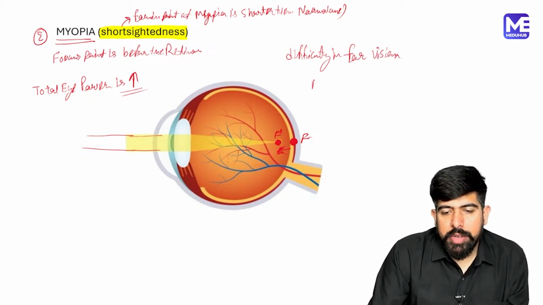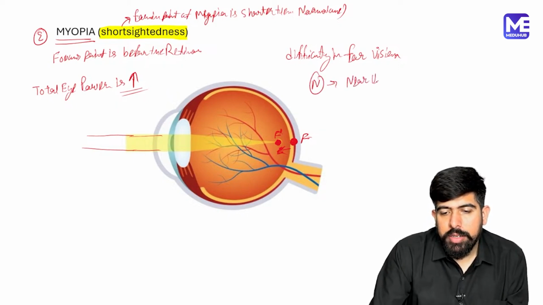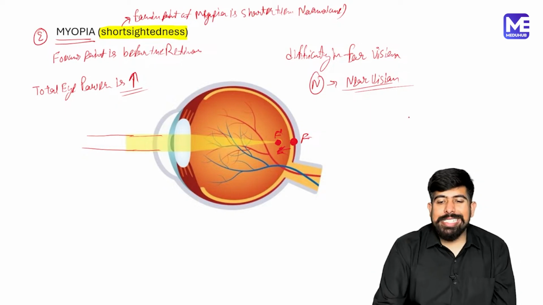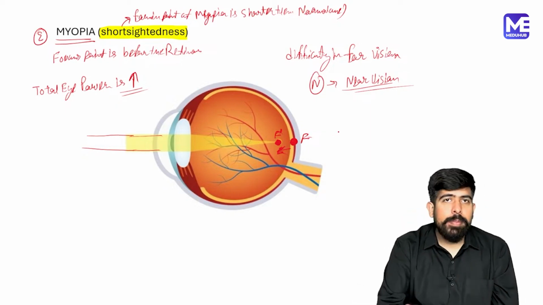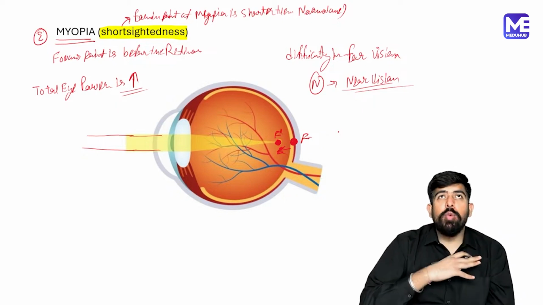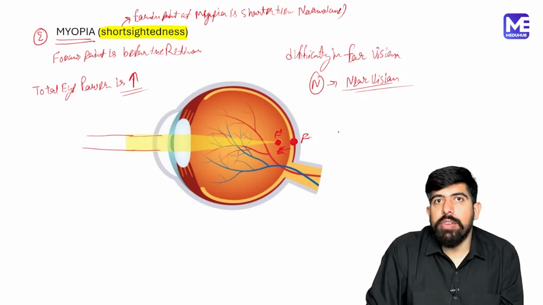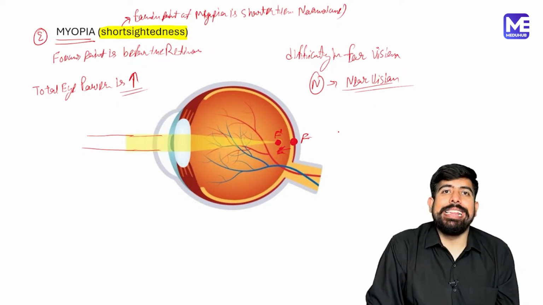What about the near vision? Of course, there is normal near vision, guys. A patient with myopia can clearly read everything nearby. But the far vision will be affected in this condition.